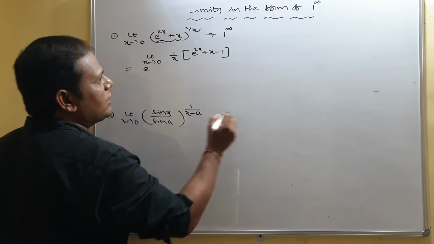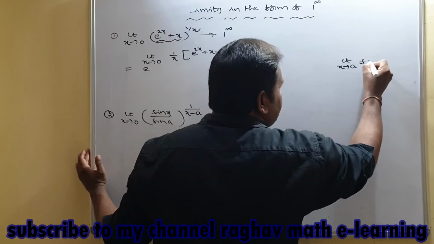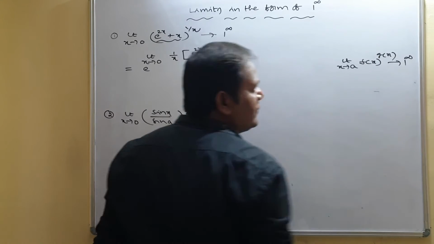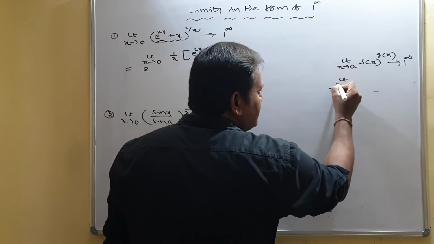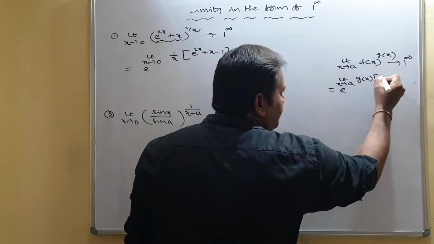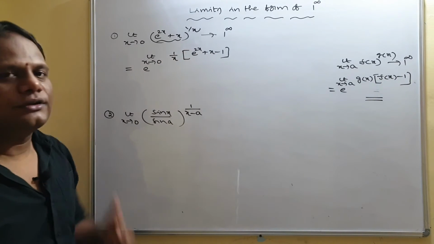We have the formula: limit x tends to a of f of x power g of x takes the 1 power infinity form, then the formula is e power limit x tends to a of power into base minus 1. So here I have taken that one.